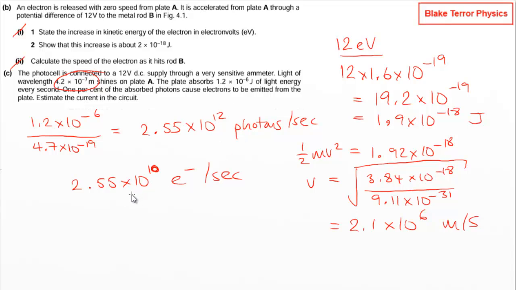So our current then is going to be, so we multiply that by 1.6 times 10 to the minus 19, and that will give us our current. So that's coming out at 4 times 10 to the minus 9 amps.